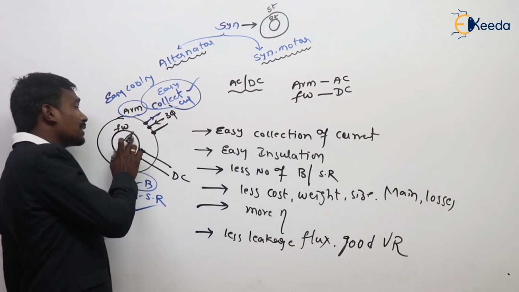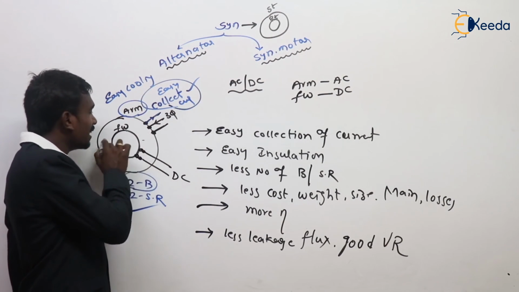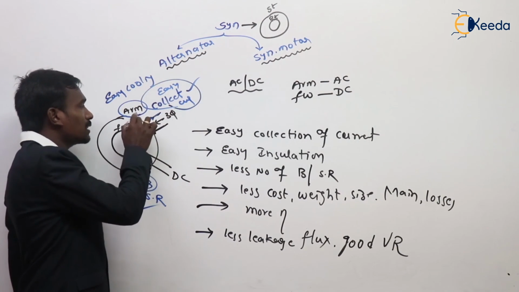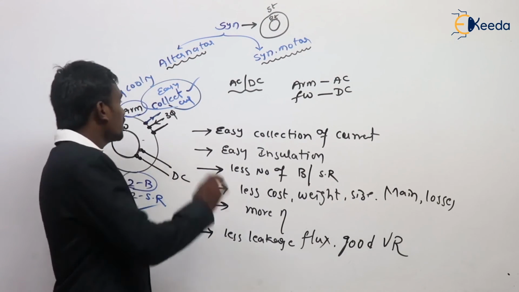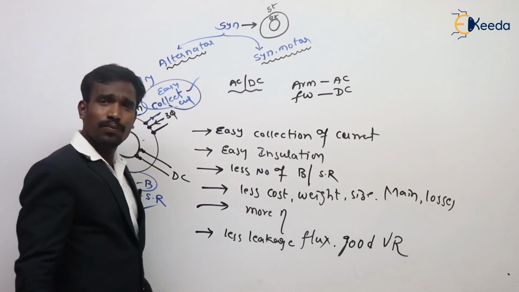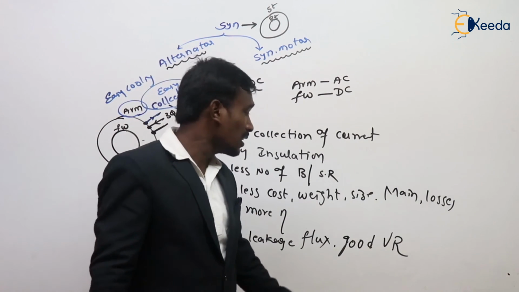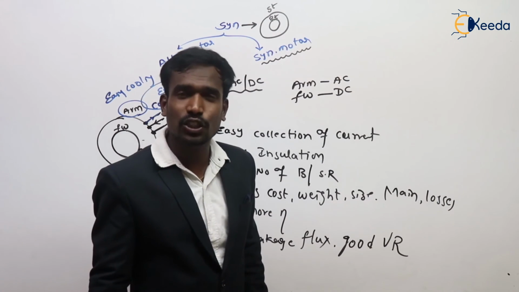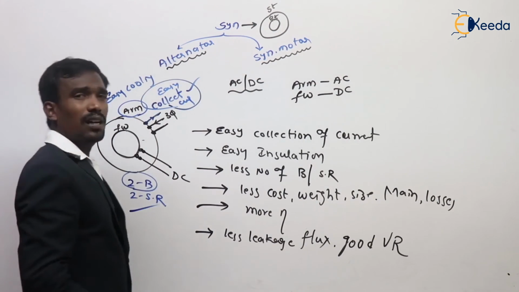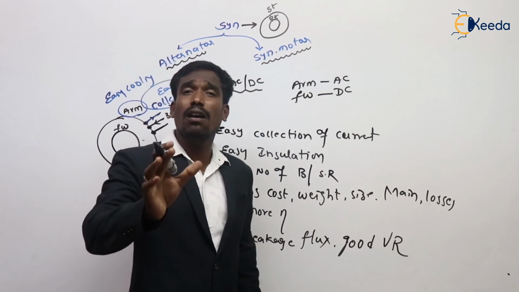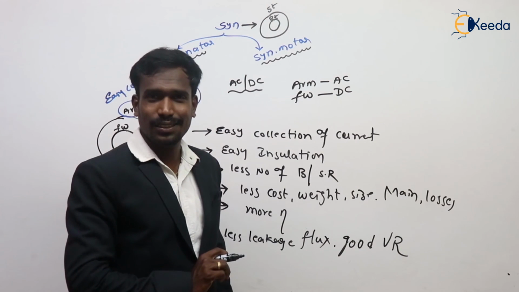Otherwise, if the armature winding is placed on the rotor, some leakage flux is there in the air gap. If leakage flux is less, we get good voltage regulation. These are the advantages of the stationary armature, which is a very important thing.